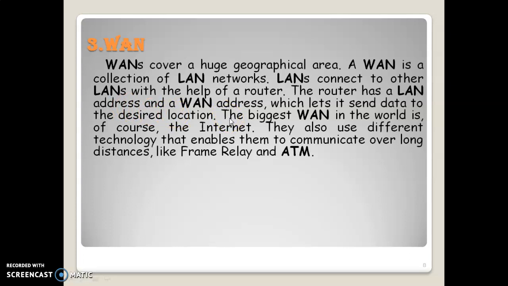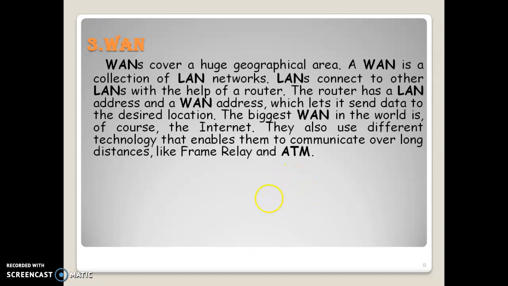So the routers in this case act as the main block. They send the information to the desired location and can retrieve the information from it, because they have the addresses of all the locations connected with the network. So the biggest WAN in the world is the internet, because internet accessibility is everywhere. You can access the internet from any country, or from every country, we can say.